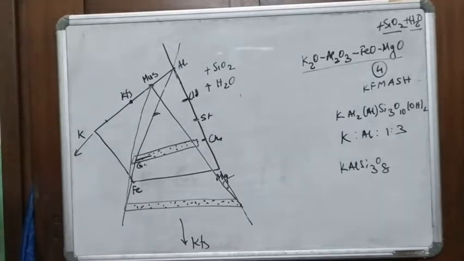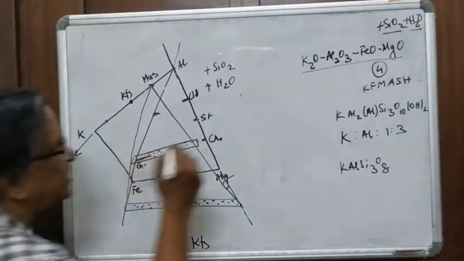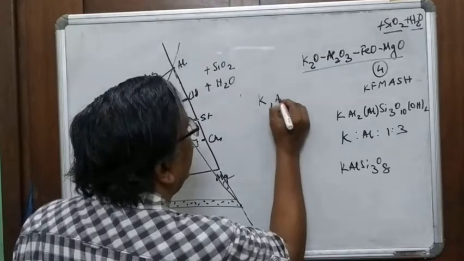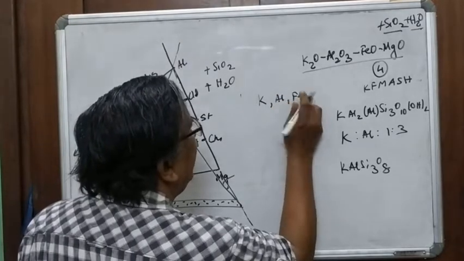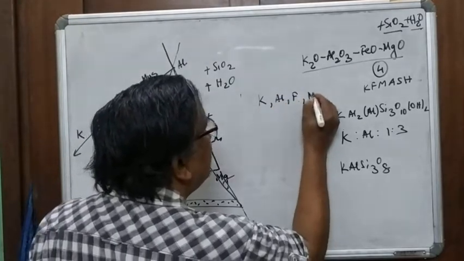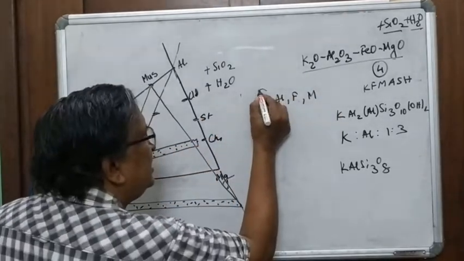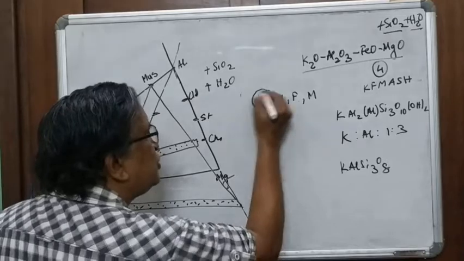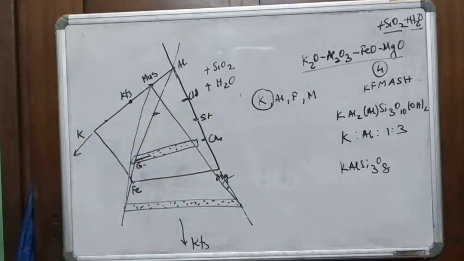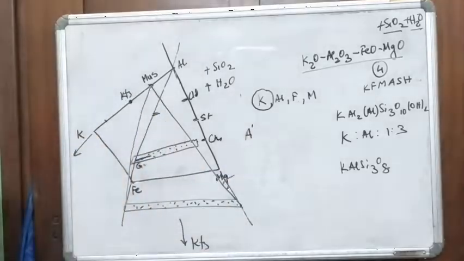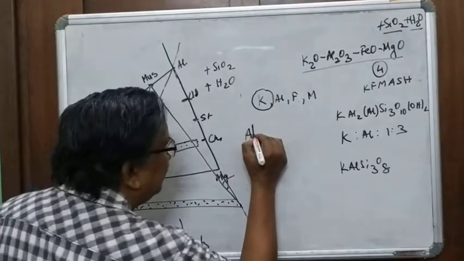So now, if I plot things from muscovite, then I have to make certain changes in composition. What I had initially was K, Al, Fe and Mg. Now potassium has to go and a new Al prime plotting position will arrive.